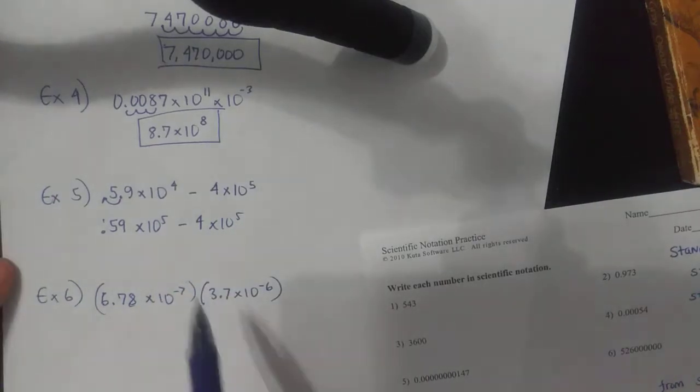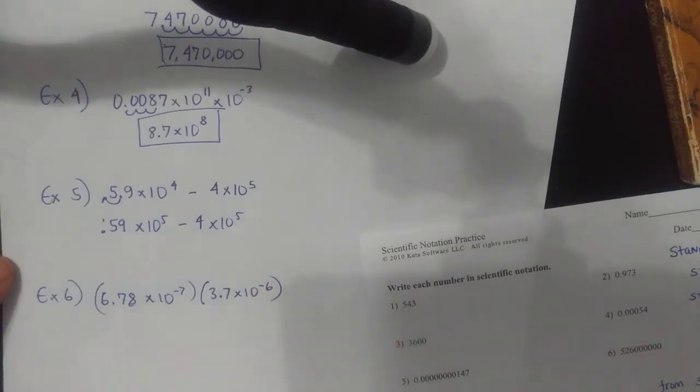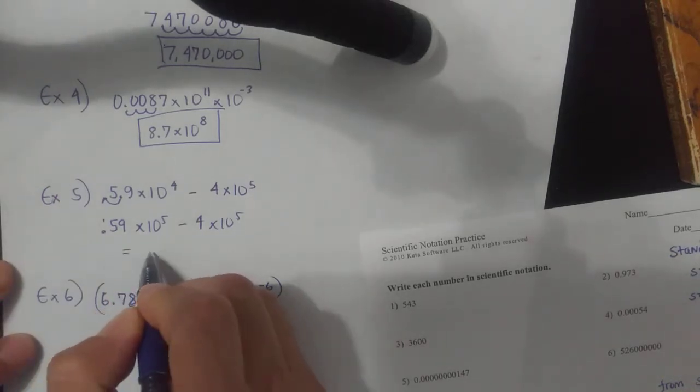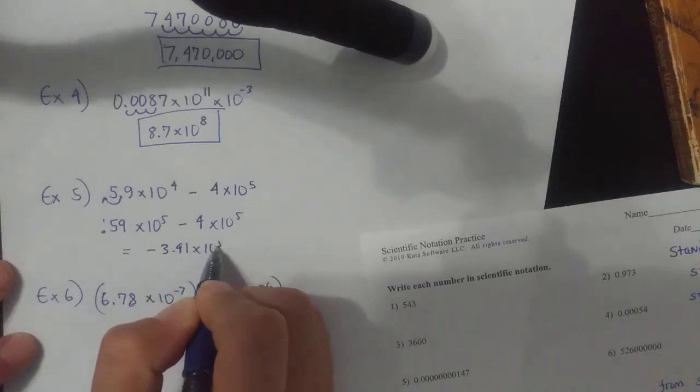So then I just have to subtract these numbers, which I'm going to do. What is 0.59 minus 4? And I get negative 3.41 times 10 to the fifth.